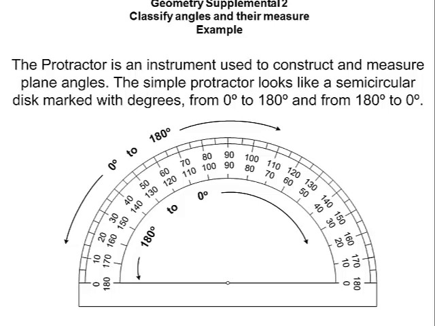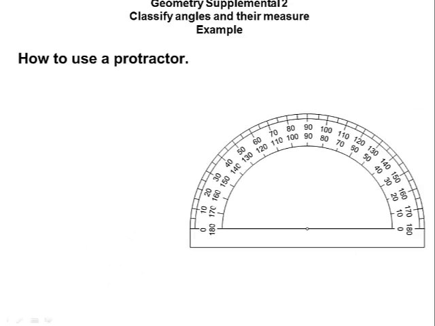Okay, when we measure with a protractor, you want to line the angle up right in the center, that dot, or if there's no dot, there will be a bold line in the center. You want to line the vertex up right on that line or that dot, like that.